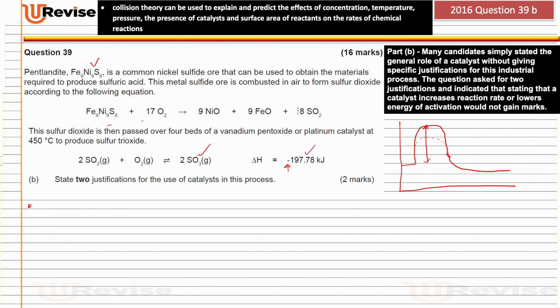One of the benefits is, remember, if I have to provide this much activation energy compared to providing just a part of that activation energy, this is money I'm saving here.